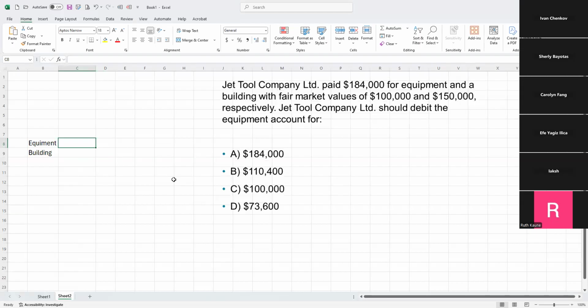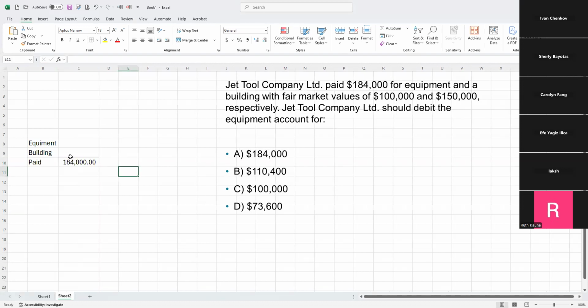What's the value that we purchase? Total we paid $184,000. Now, we don't know how much to assign to each of those. That will be the cost that we want to assign to those ones.